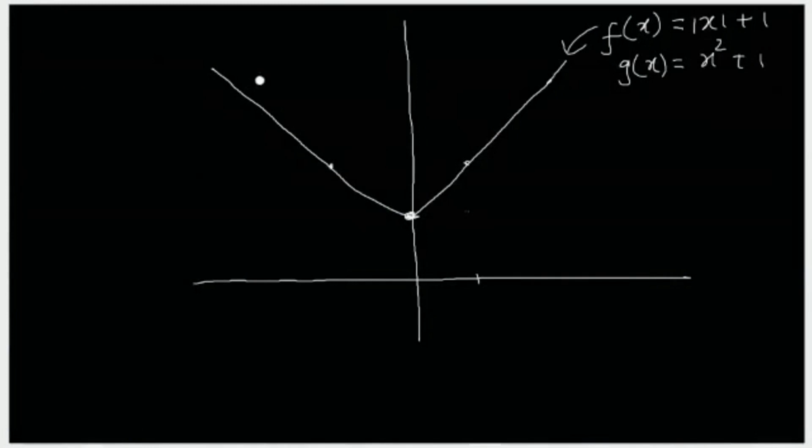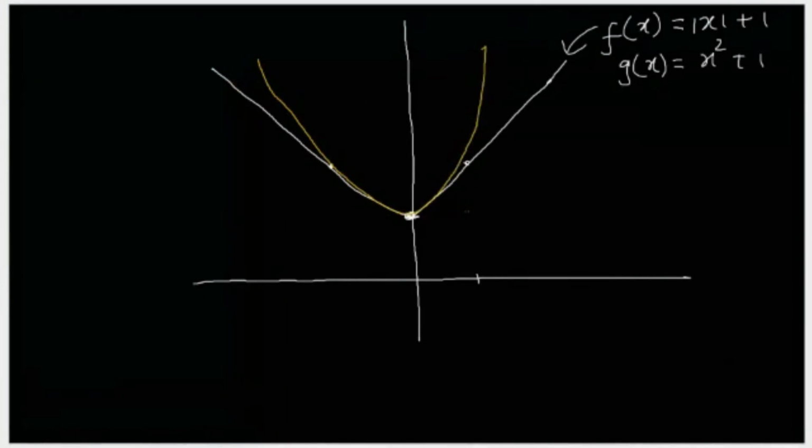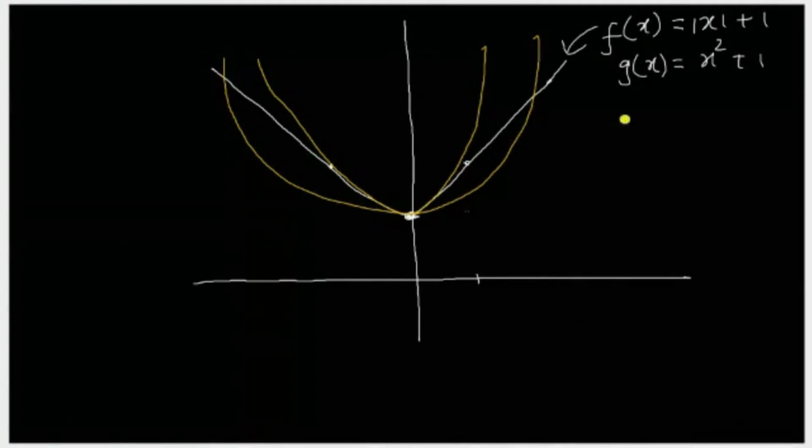There's one thing you need to think about: whether the curve will be something like this or something like this. How do you find it out? I want the curve of g of x equals x squared plus 1.